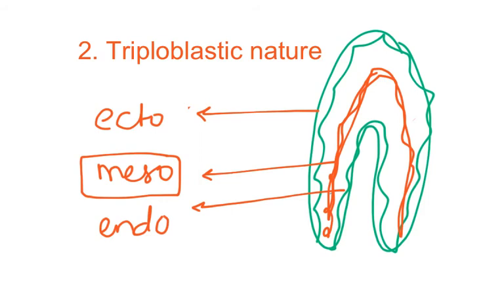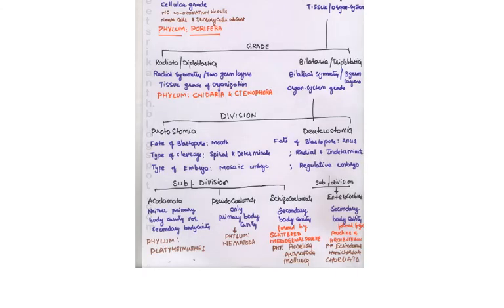So where can you see the triploblastic nature? In the grade Bilateria. The grade Bilateria has phyla like Platyhelminthes, Nematoda, Annelida, Arthropoda, Mollusca, Echinodermata, Hemichordata, Chordata.